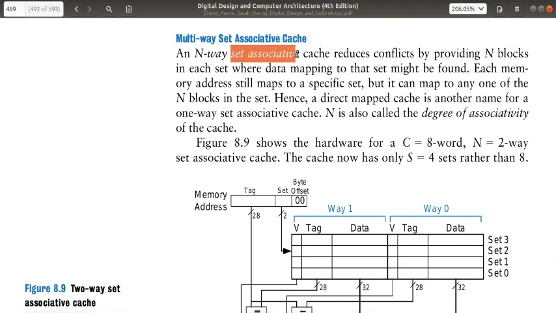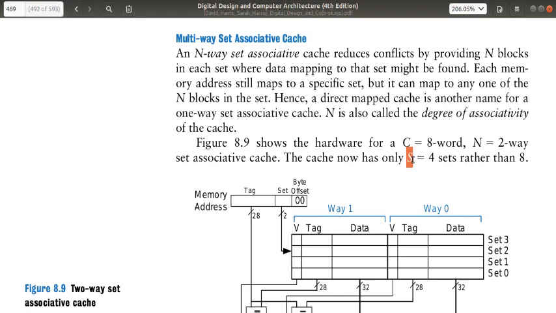Okay, so we had discussed the terms: capacity of a cache, that is how many words in total it can handle; then n, which is the number of blocks per set; then s, the number of sets in the cache.